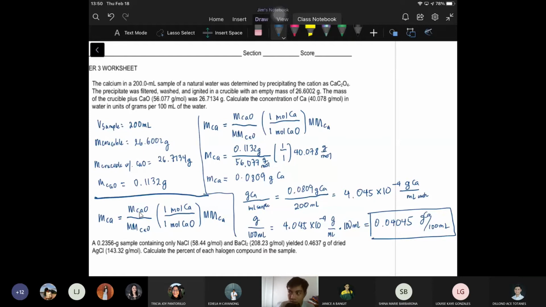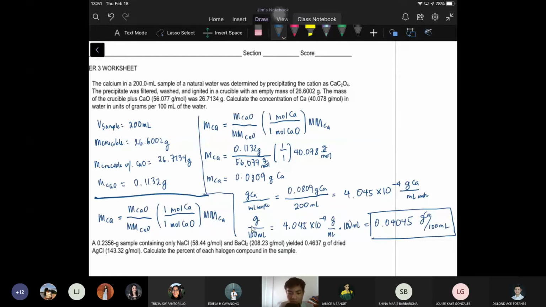So, yan, kinonvert natin yung calcium oxide to moles of calcium oxide. Then, yung moles ng calcium oxide, kinonvert natin into moles of calcium using this stoichiometric coefficients or factor. After that, may moles of calcium na tayo. Then, we multiply it by the molar mass of calcium so we get the mass of the calcium. Okay? So, yan, nag-plug in na tayo. Ito na yung mass ng calcium.